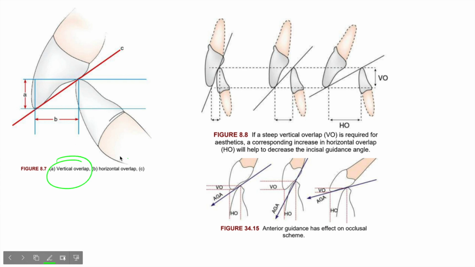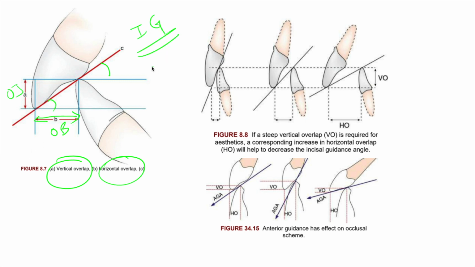The vertical overlap and horizontal overlap. We've all known about this. This is the overbite. And then this is the overjet, right? This C right here is the sagittal line with horizontal plane. So essentially this angle is your incisal guidance.